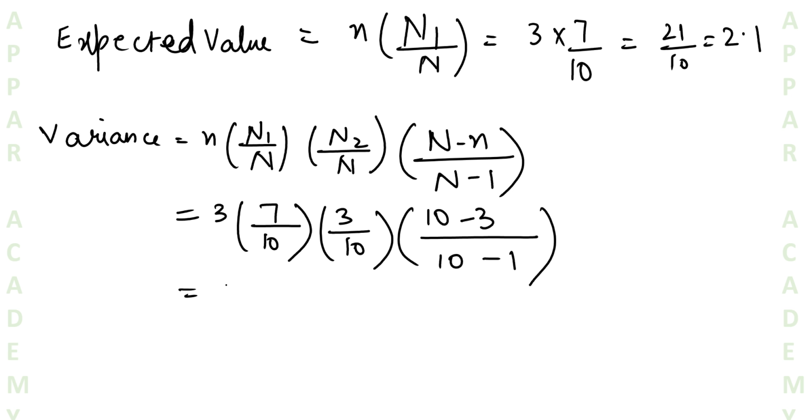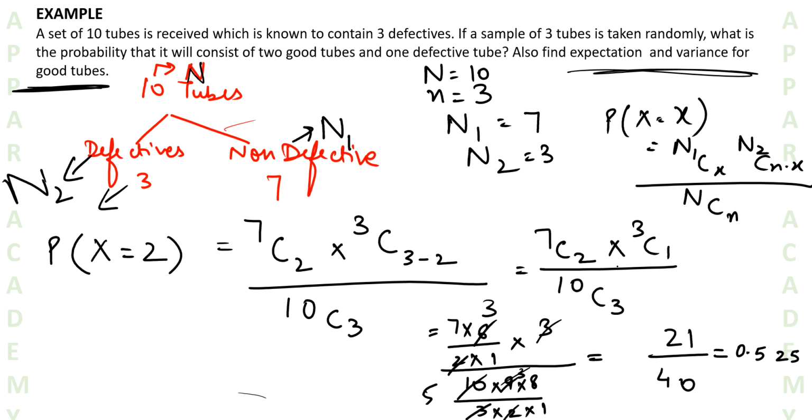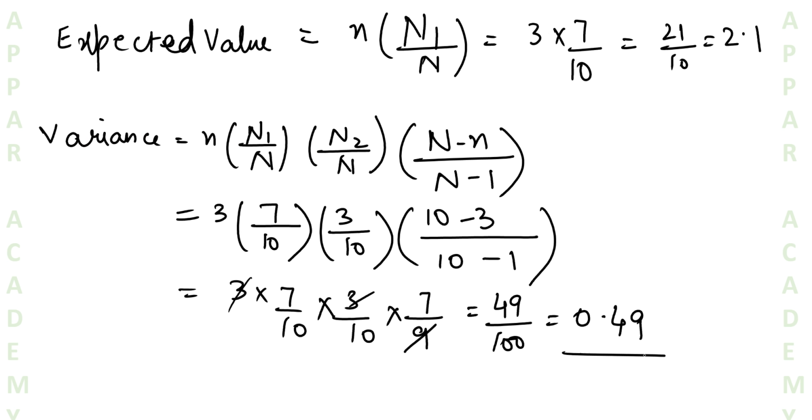So this is simply equal to 3 into 7 by 10 into 3 by 10 into 7 upon 9. Let's solve this out. This becomes 49 upon 100, which is equal to 0.49. So our variance for good tubes is 0.49, and our expectation for good tubes is 2.1.